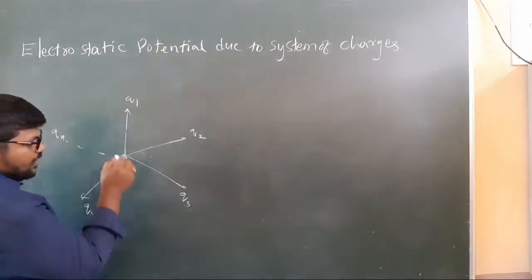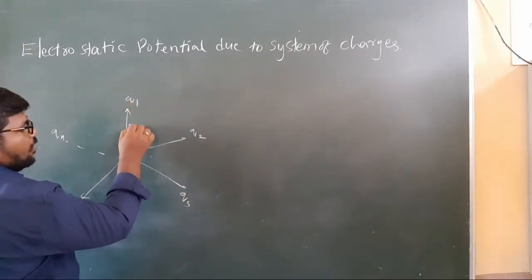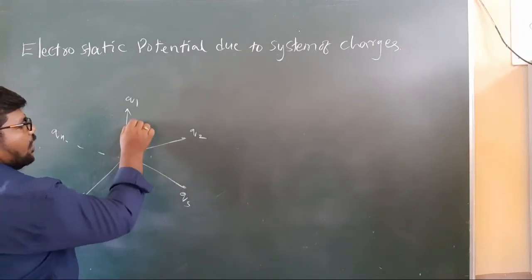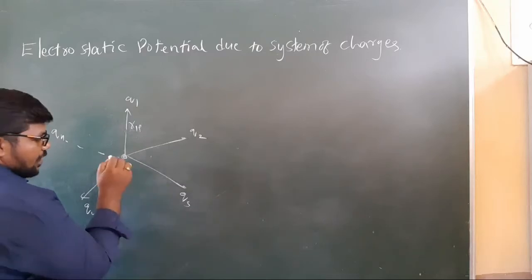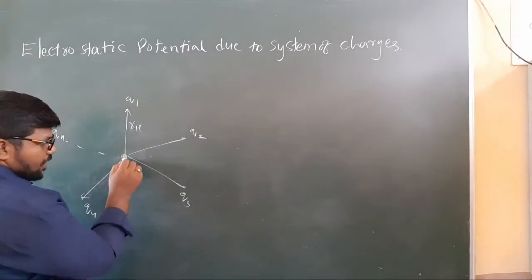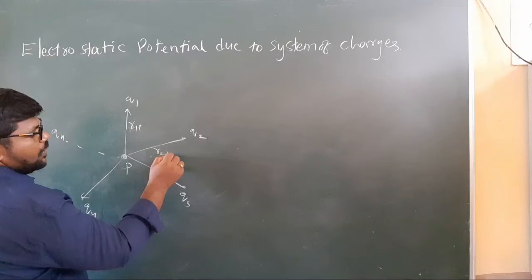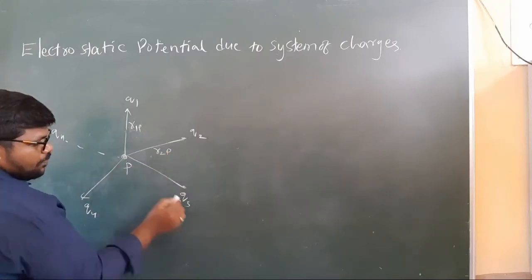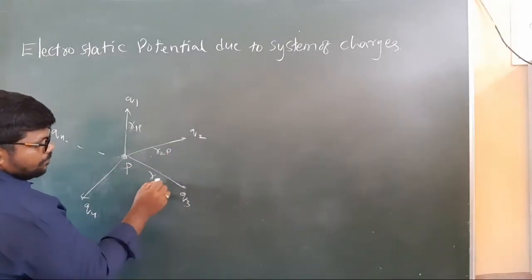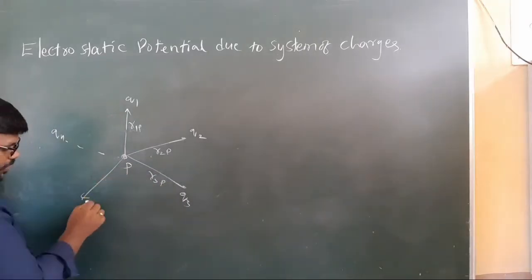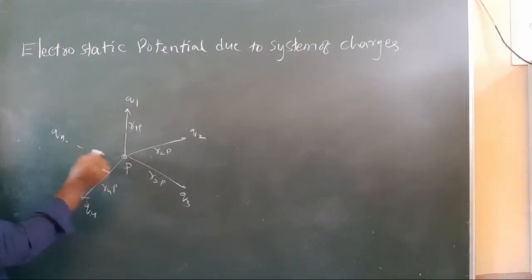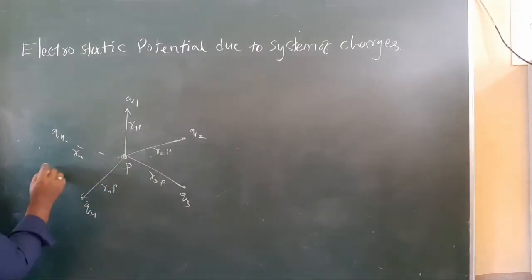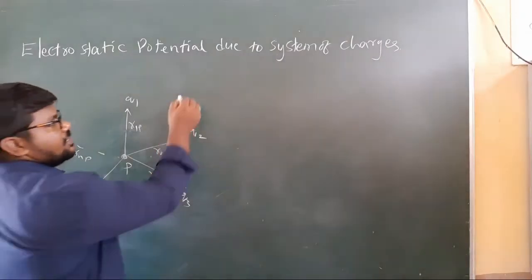The distance between the test charge and Q1 is R1P, between P and Q2 is R2P, between P and Q3 is R3P, between P and Q4 is R4P, and between P and Qn is RnP. Understand?